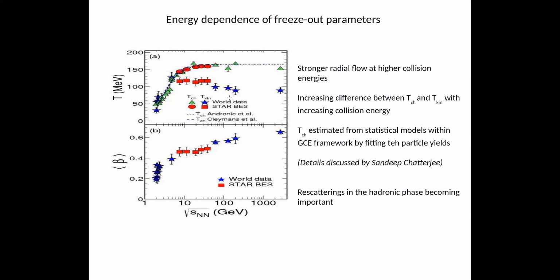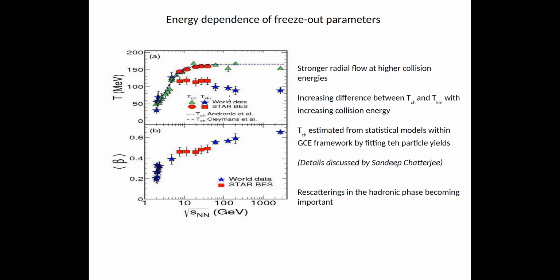The chemical freeze out occurs close to your hadronization temperature, close to your transition temperature. Once the medium gets hadronized, immediately the chemical freeze out occurs. But from this chemical freeze out till kinetic freeze out, the medium has evolved significantly as you keep on increasing the energy.